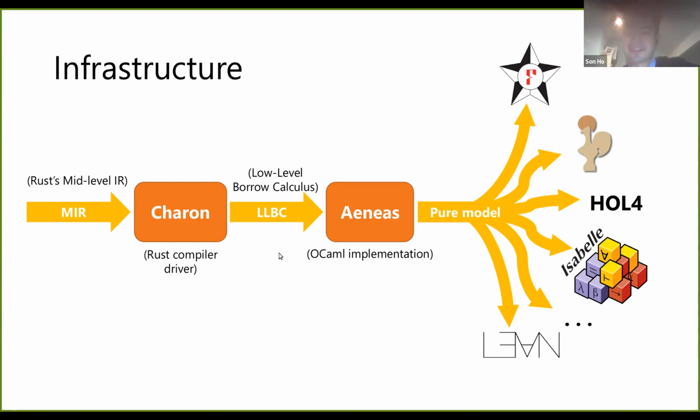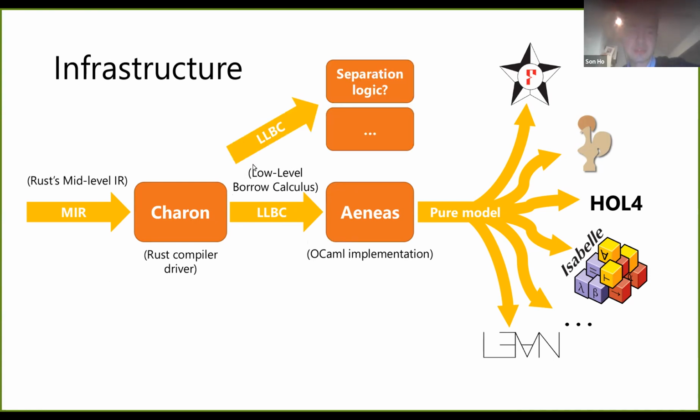Because it is easier to implement and maintain a compiler written in a functional language like OCaml, the translation itself is not implemented in Rust, but in OCaml. So Charon retrieves the output of the compiler, converts it to an easy-to-use AST we call the low-level borrow calculus, serializes it, and then Aeneas deserializes it and performs the translation.